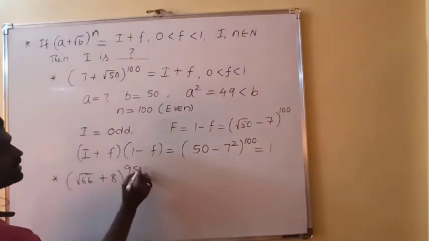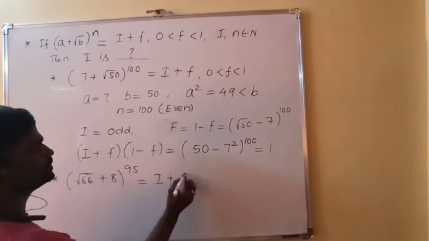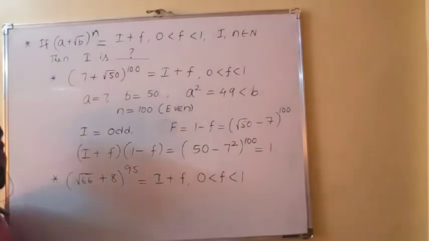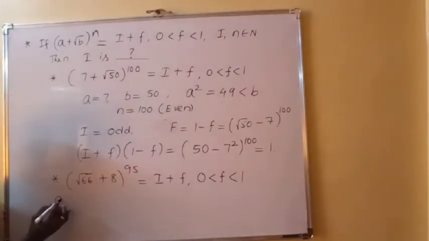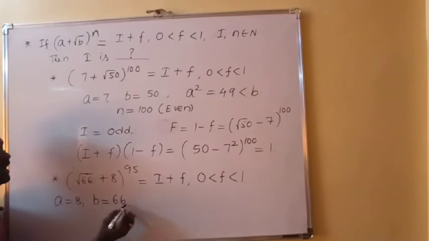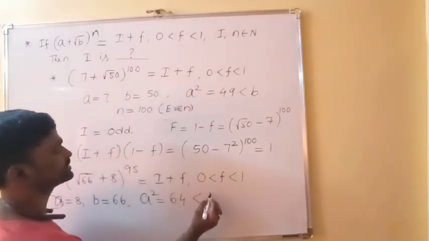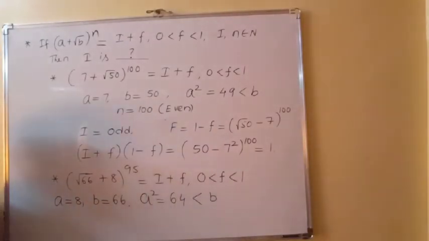(8 whole power 95) is equal to I plus f, where 0 less than f less than 1. So now you tell me, what is the a value? 8, b value 66, and a square, 8 square, is how much? 64, which is less than b. So here a is less than root b, or a square is less than b.